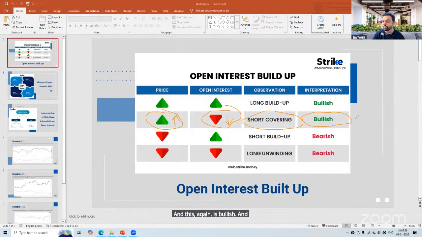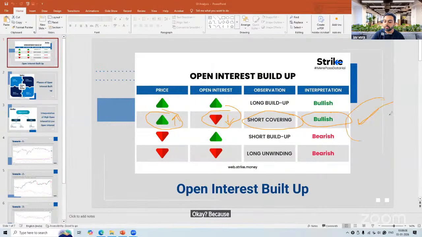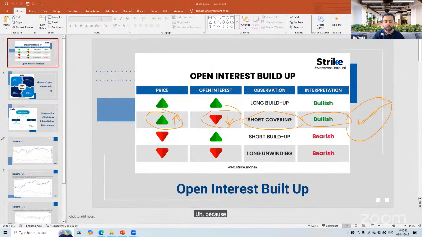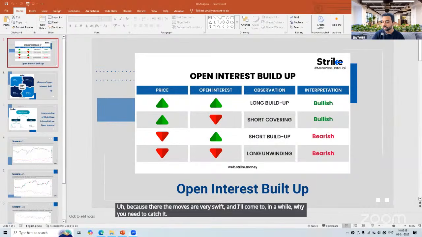And as we progress through this webinar, you will realize how important this is to catch, because once you catch this phase, this is the most rewarding phase, because the moves are very swift, and I'll come to in a while why you need to catch it during this phase.